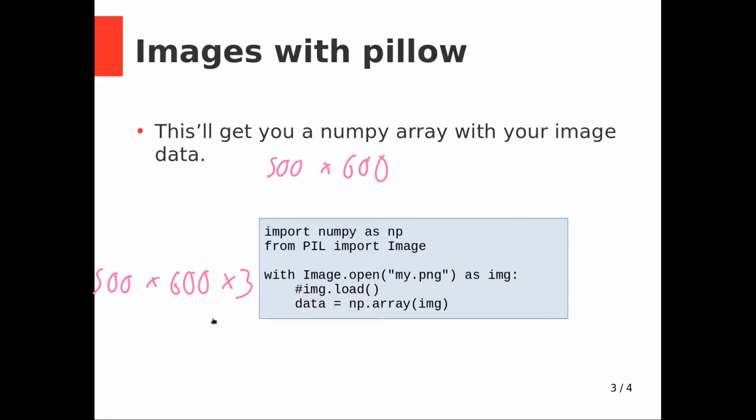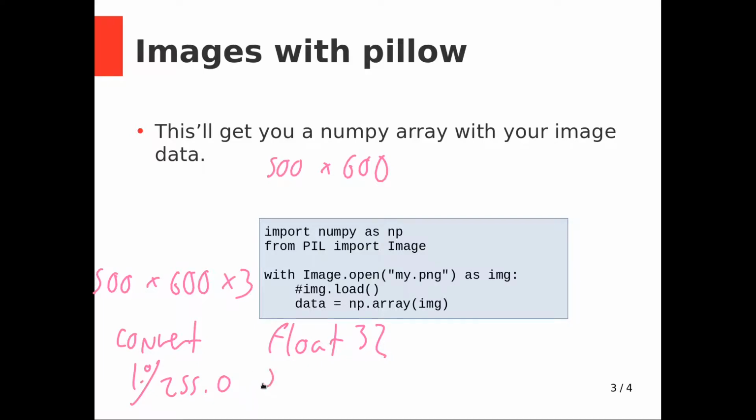I believe that you're still going to have to normalize that the way we were doing before. You're still going to have to convert it to float32, and then normalize it into the range 0 to 1. It's going to return the array to you in the format that it is as image data.